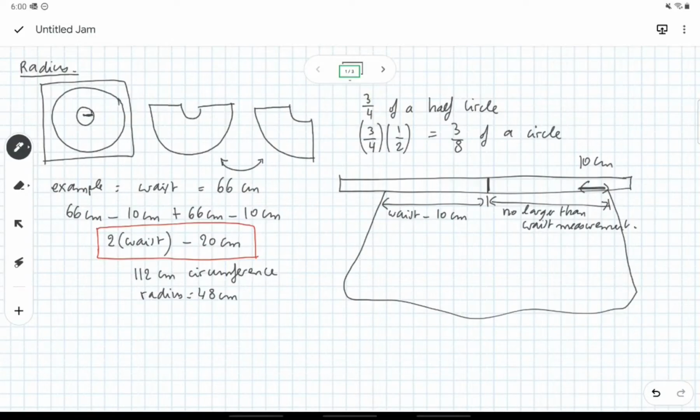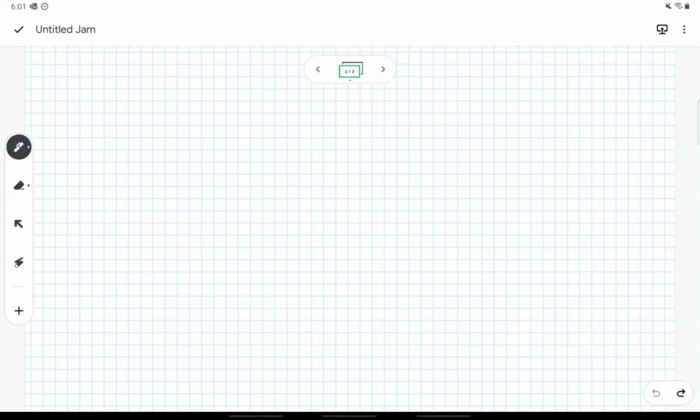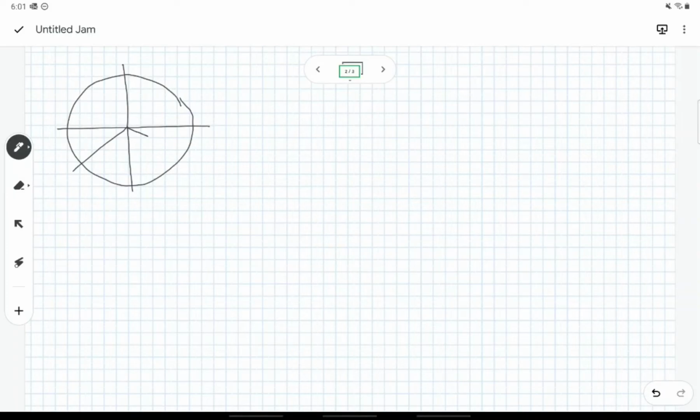Let me show you that it works, and then we'll reverse engineer it so that you can apply it to your case. Remember, we're trying to design our wrap skirt to be 3/8 of a circle. Here's a full circle. Here's a half, a quarter. So I got quarter circles, and let me do eighths.